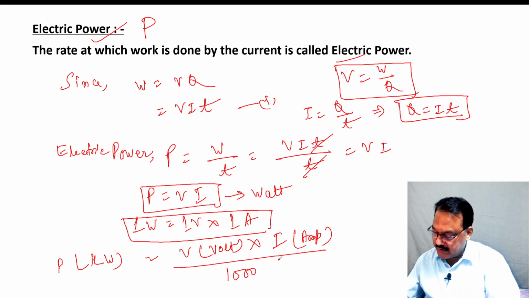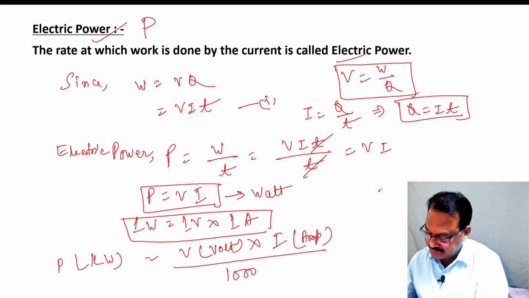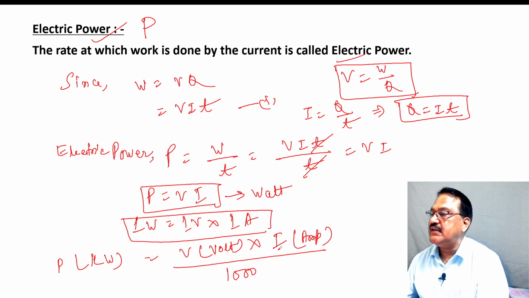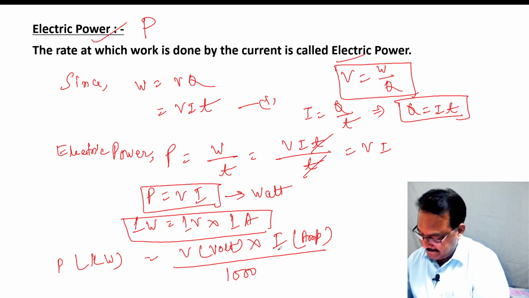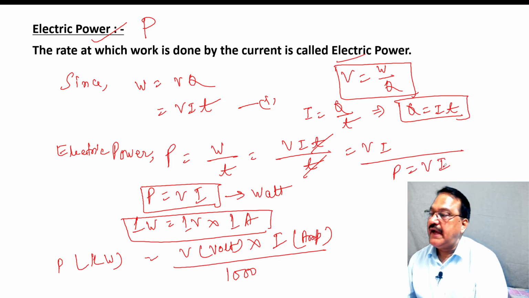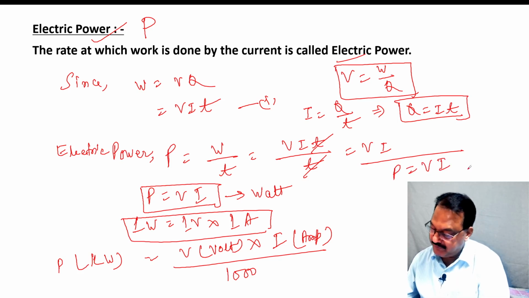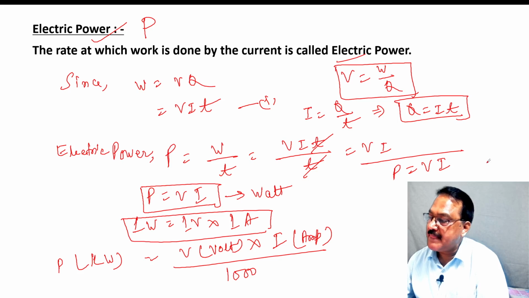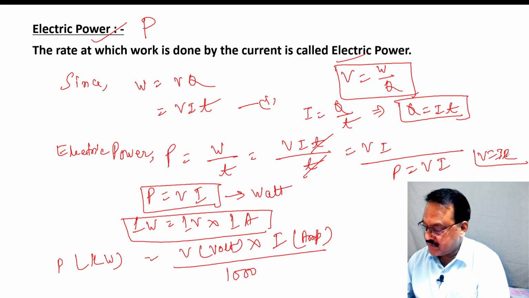Further, we can write here that P, as per Ohm's law, P is equal to VI, and V is equal to IR as per Ohm's law.